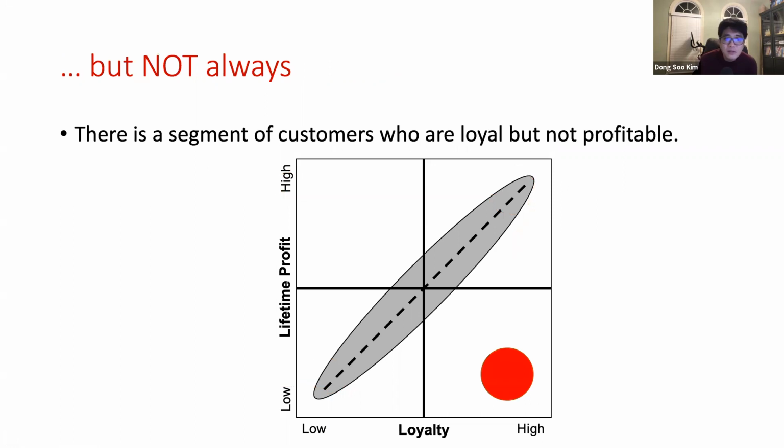However, it is not always true. In addition to the customers in this gray area, there is another segment of customers who are loyal but less profitable in this red circle. So in this red circle, customers are loyal, but less profitable.